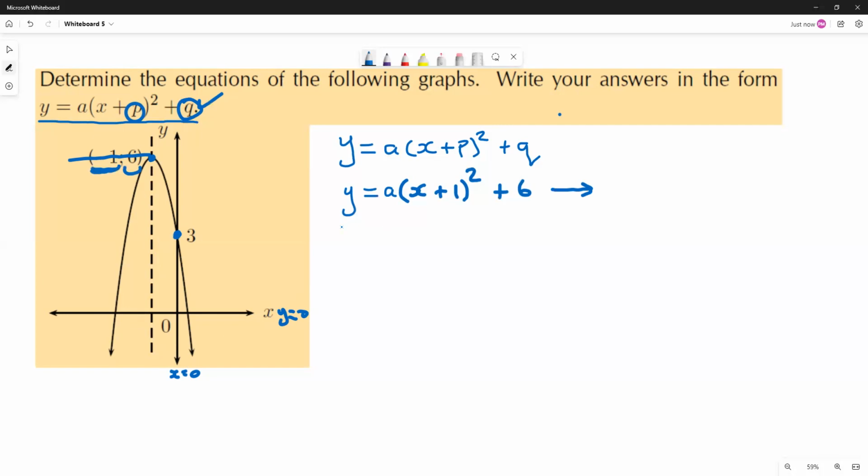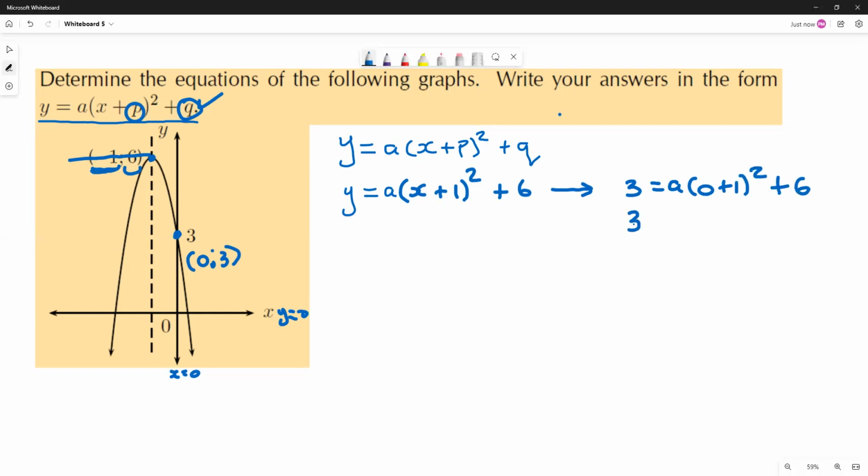So we're going to substitute 0 and 3. x is 0 on this line, so my y is 3 equals a(0 plus 1) squared plus 6.